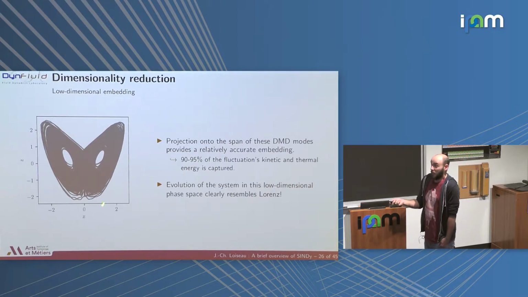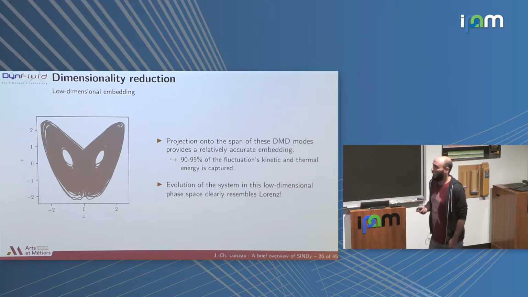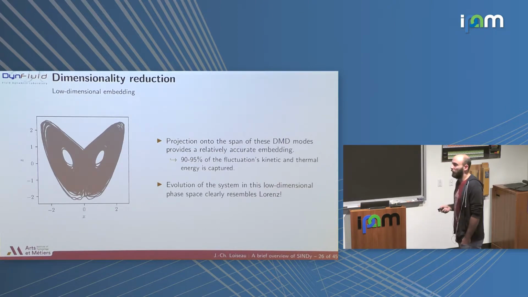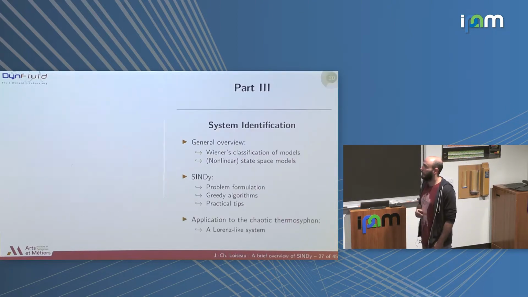And quite clearly, this is Lorenz. So our initial assumption seems pretty solid. Now the question is, how can I identify the dynamics in this low dimensional space such that I can reproduce and predict the evolution of my system?